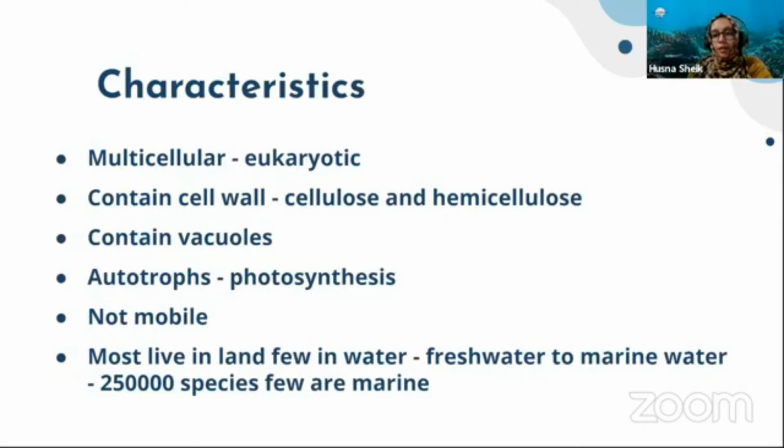There are around 250,000 plant species, and a number of them are marine. These marine plants are very important, as they produce a good amount of oxygen that's essential for us to breathe. We'll be discussing those in detail in the coming slides.